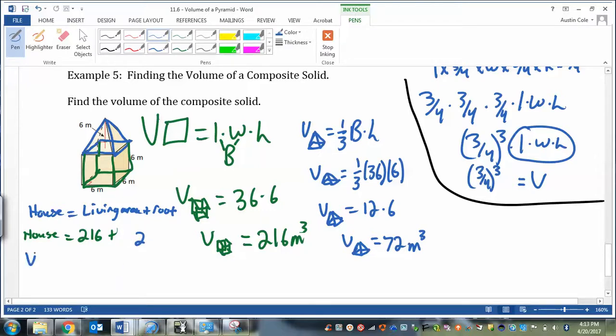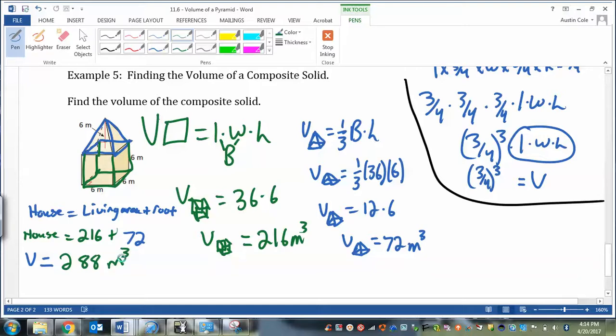So the volume of our composite solid is equal to 216 plus 72. 216 plus 72 is 288, and that is meters cubed.